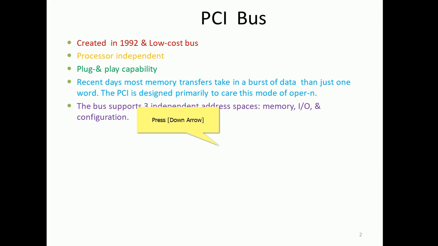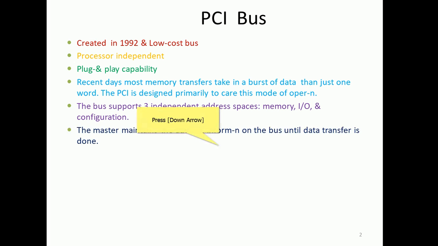Here in the PCI, the bus supports 3 kinds of activities. One, memory operation. Other, IO: input output, printer, keyboard, scanner and so on. And configuration. Those devices, through the ports, need to be configured. Those devices need to adjust to or follow the protocols as per the transfer that will be happening. So configuration is essential. That will be performed by the independent bus called PCI.